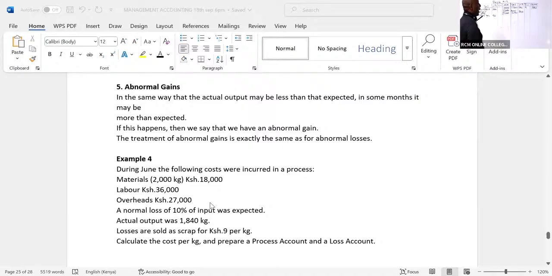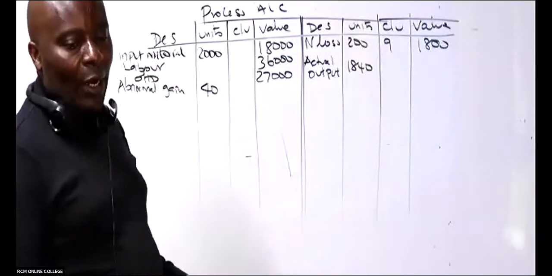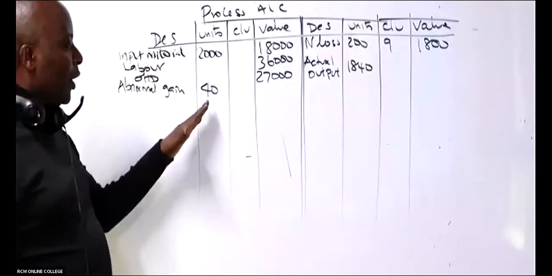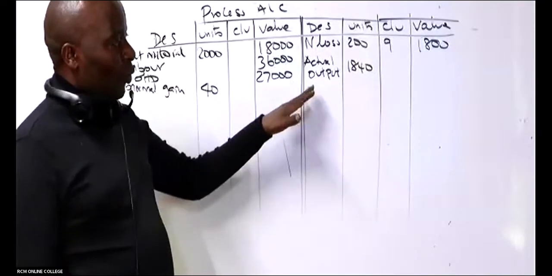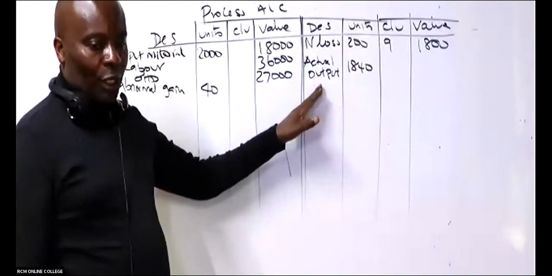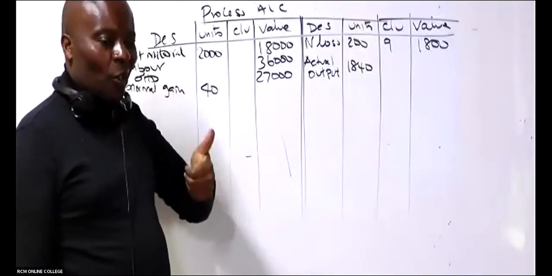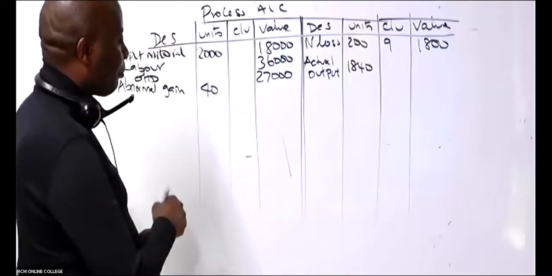Yeah. So then I only have two things to value here. I would want a value for the abnormal gain. I would want a value for the actual output. So for these two things, I'll have to use the process cost per unit formula.